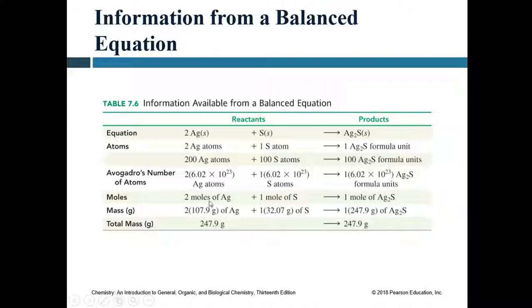And then if you plug the mass in for our silver, the mass of 1 mole of silver is 107.9. If you look on the periodic table, you'll see that. So 2 times that is 215.8. The mass of 1 mole of sulfur is 32.07. And then the mass of 1 mole of silver sulfide is 247.9. So you'll notice that when you add up the reactants, they equal the products.